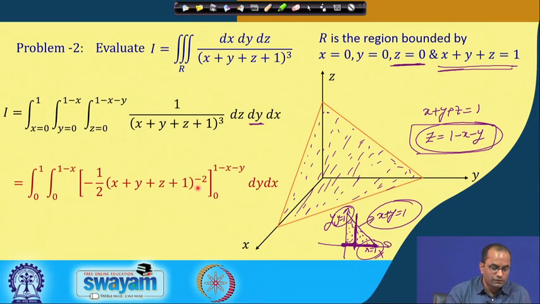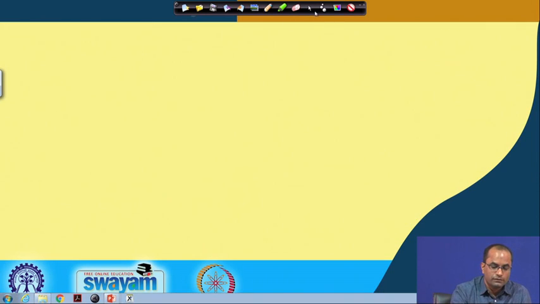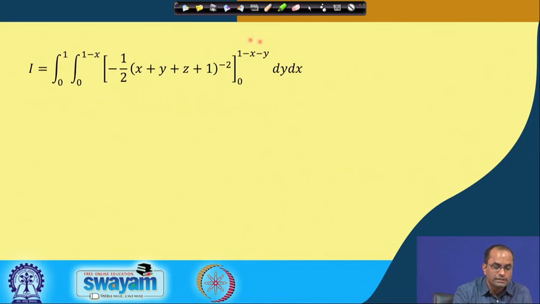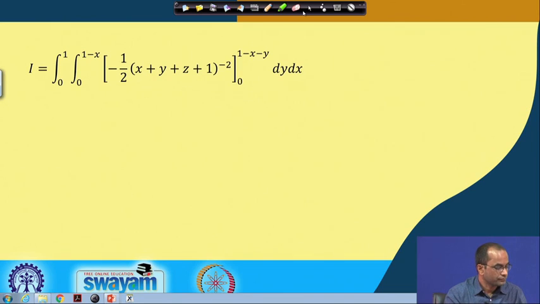Having these limits, we can now easily compute, because this is 1 over x plus y plus z plus 1 to the power 3, which we can integrate. So, we will get minus 1 over 2 times x plus y plus z plus 1 to the power minus 2, from 0 to 1 minus x minus y. So, this is the integral we want to evaluate now. Once we put the upper limit here with respect to z, we get minus 1 by 2 outside.